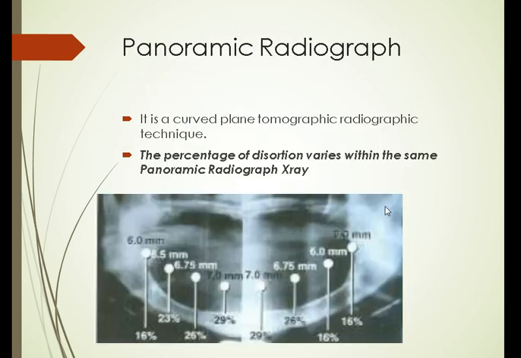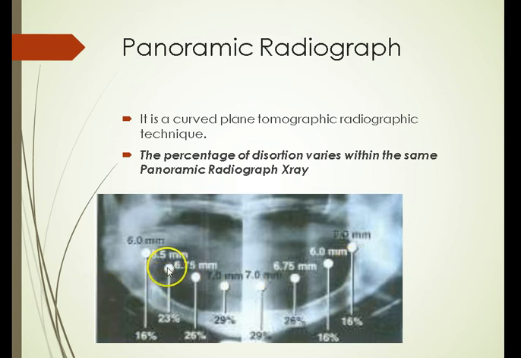Now, panoramic is probably the most used radiographic modality for dental implants, and like we talked about, it almost had 24% distortion. Not just that, the distortion is not the same throughout the whole panoramic.